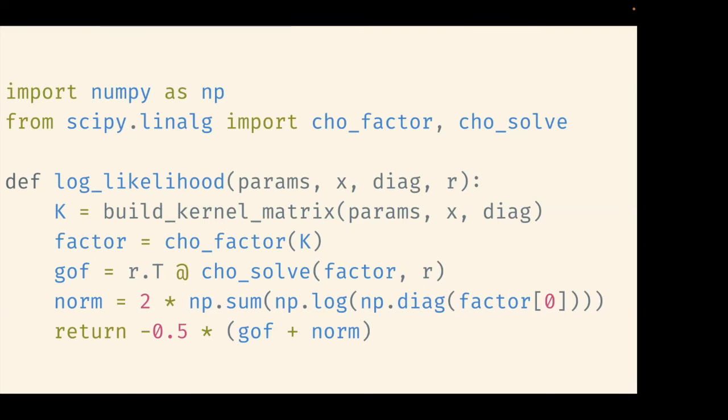So GOF? Yeah. What is that? Good, yeah, great. So I very briefly mentioned that in our aside earlier. GOF stands for goodness of fit. And then there's this norm. And those are these 2 terms. So this thing and this thing right here, this is the goodness of fit.